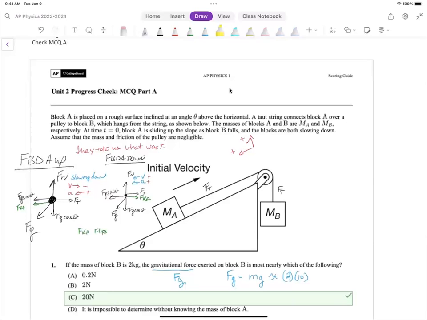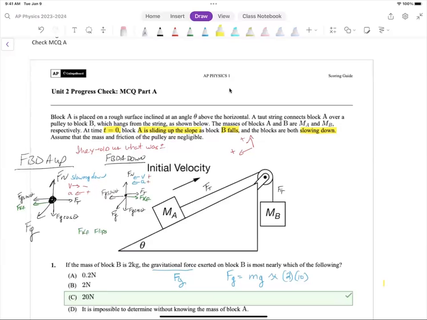They also tell us at time equals 0, block A is sliding up the slope as B falls, and they're slowing down. So it starts with an initial velocity, and then as it slows down, MA is eventually going to stop and then slide back down. So obviously the mass of A must be larger than the mass of B in order for that to happen.